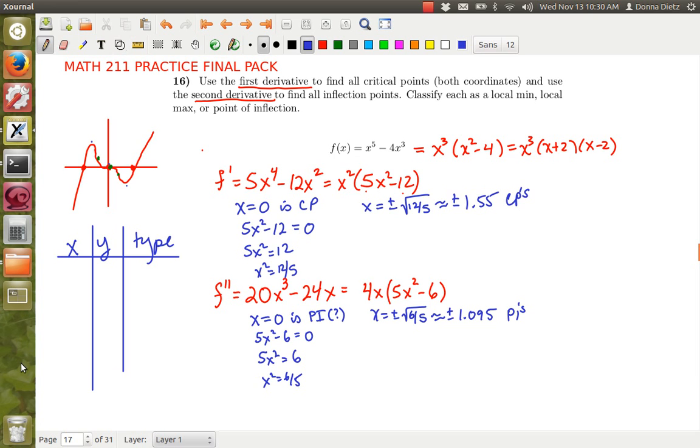Okay, so x could be negative square root of 12 over 5, negative square root of 6 over 5. It could be 0, square root of 6 over 5, and whoops, bring those bars all the way over, and square root of 12 over 5.